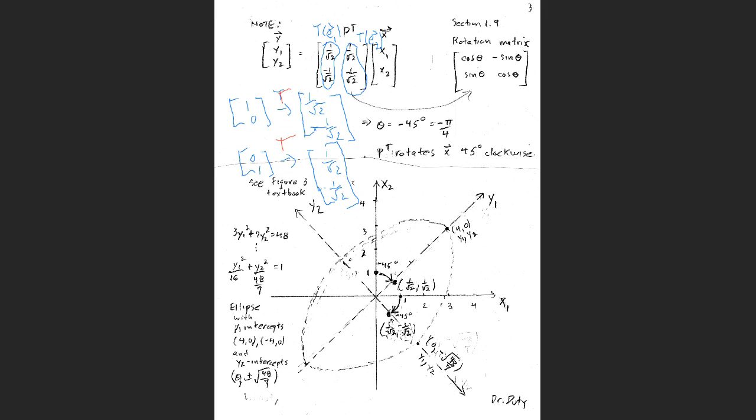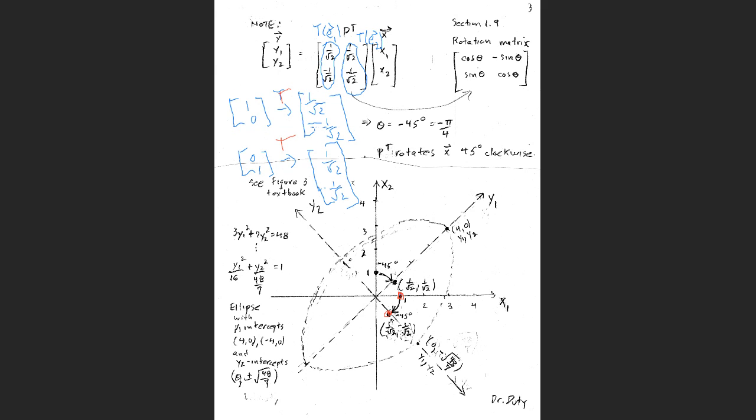So let's see now how this applies in regards to the picture. Well, all right, here in the picture, I have the point (1, 0). (1, 0) gets mapped to 1 over root 2 and negative 1 over root 2.